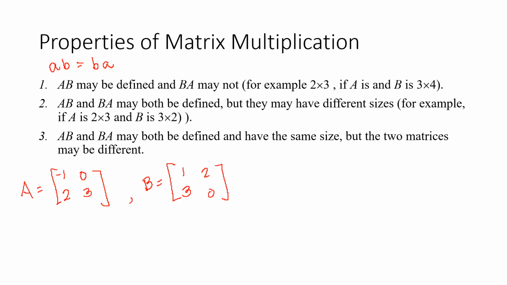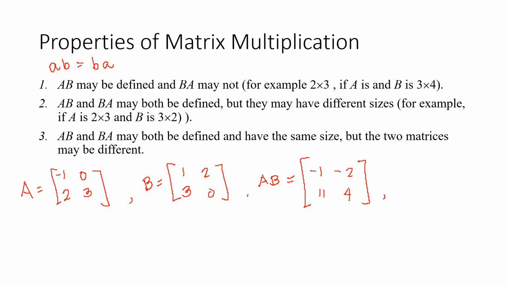Then if we compute AB, here this is -1, here you have 11, here you have -2, and here you have 4.